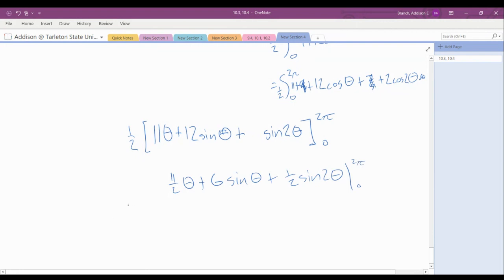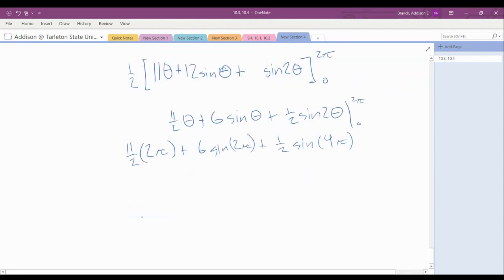If we plug in 2 pi, we're going to get 11 halves times 2 pi plus 6 sine of 2 pi plus 1/2 sine of 4 pi. If we plug in our 0, we're going to get 11 halves times 0 plus 6 sine of 0 plus 1/2 sine of 0.